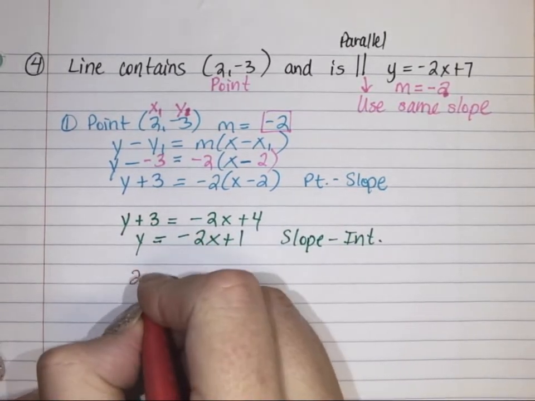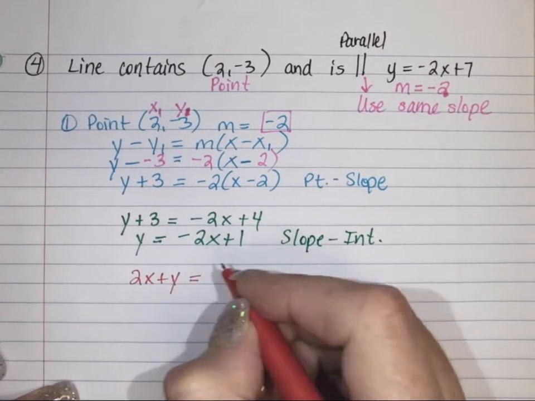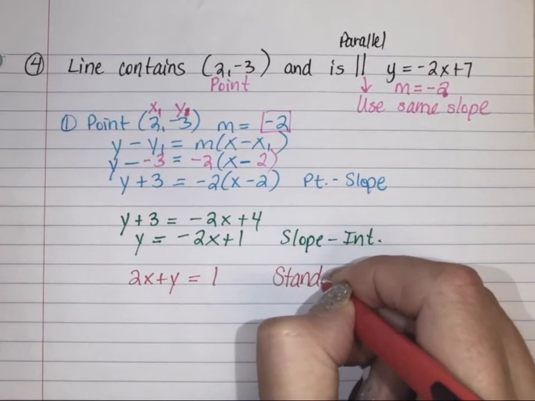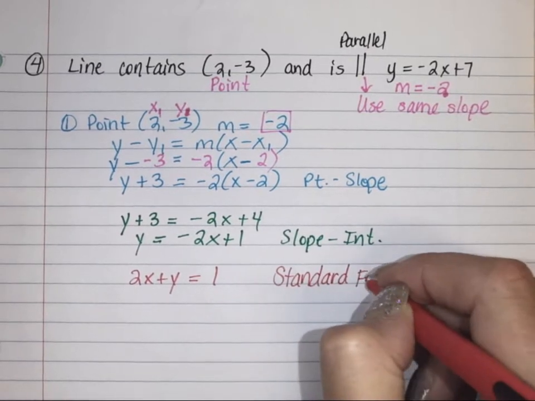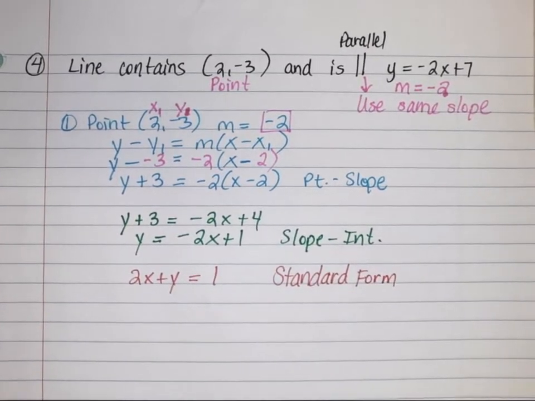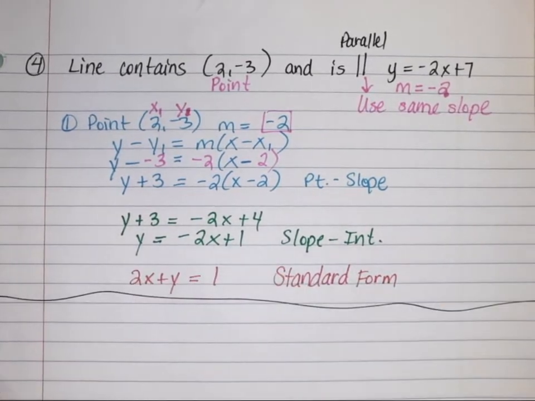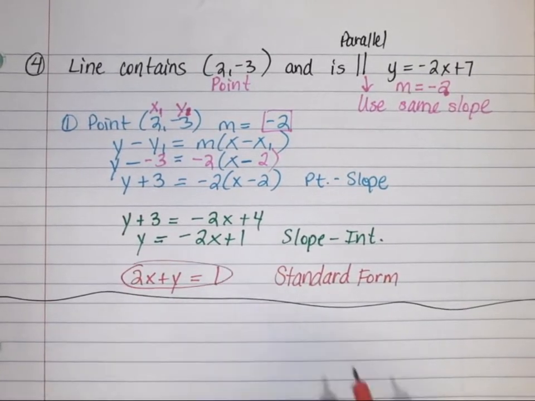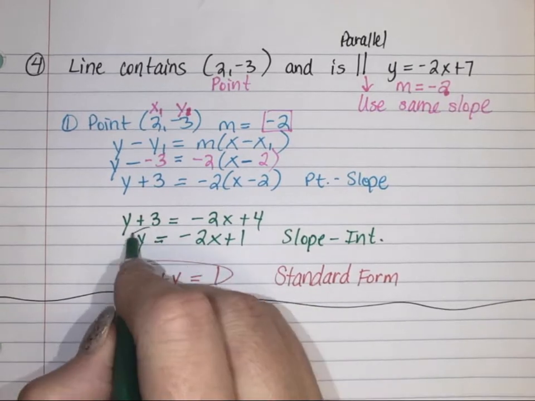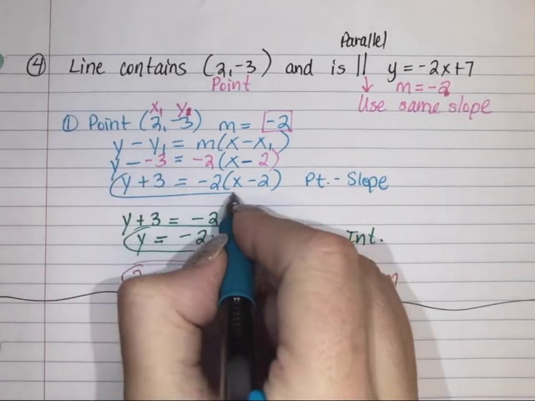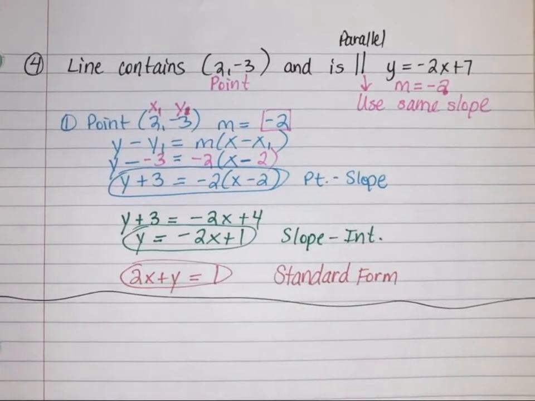If you move the x term to the left side with y, then this would be in standard. Once again, you don't have to do all three forms. See what your directions ask. So that would be in standard, slope intercept, or in point slope.